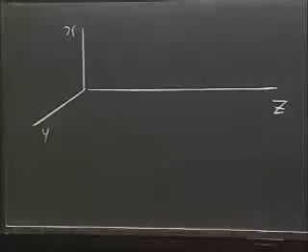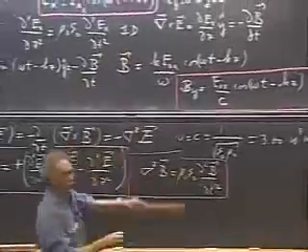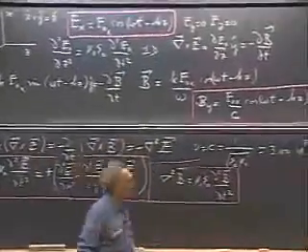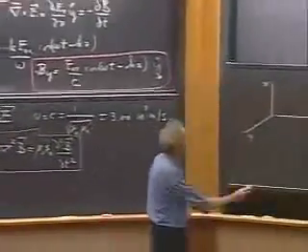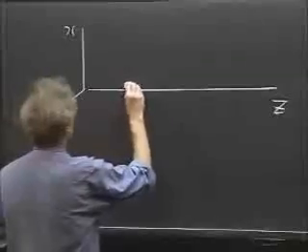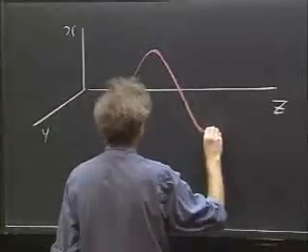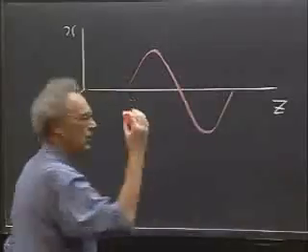I pick a particular moment in time, then I know that the E vector is a cosine function in z, because I pick a particular moment in time. I will try to put in here, it's a cosine function.